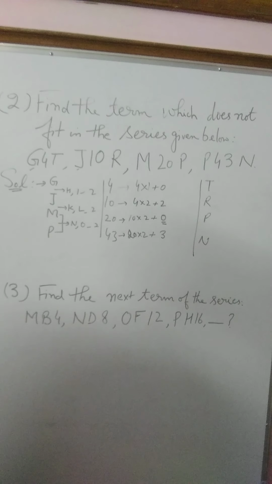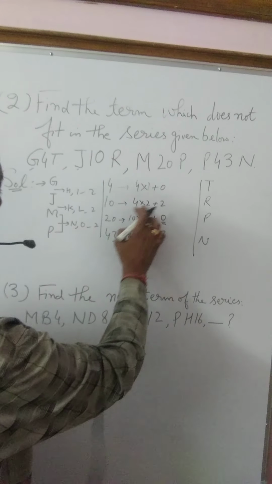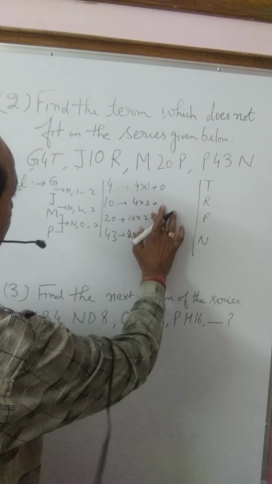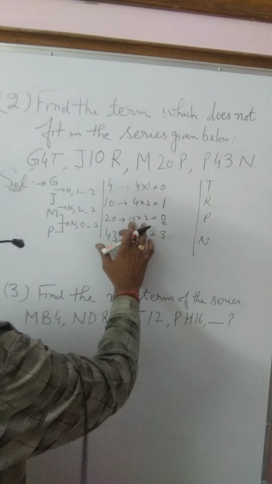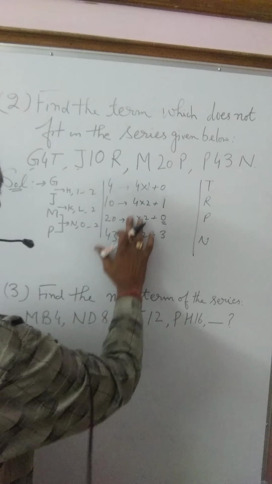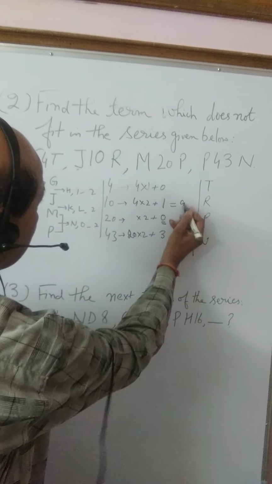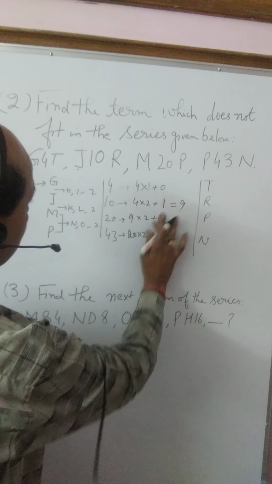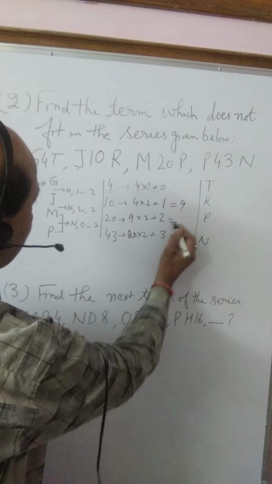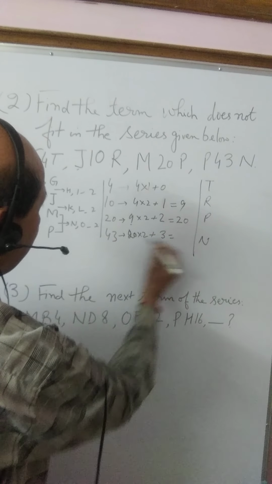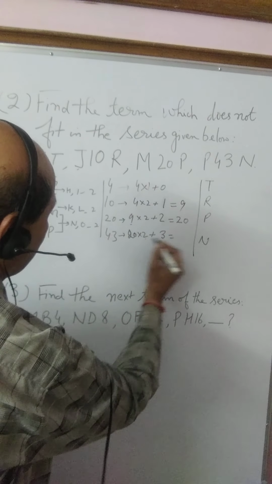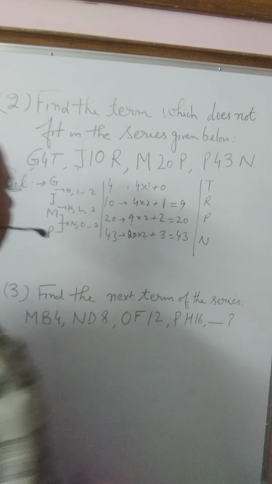If we see carefully, if we change here 4 into 2 plus, instead of 2 I write 1 here, then 10 into 2 here I write, it will become 9, then it will become 9 into 2, then plus 2, that is equal to 9 into 2 is 18 plus 2, 20 as usual, and here it is 43.